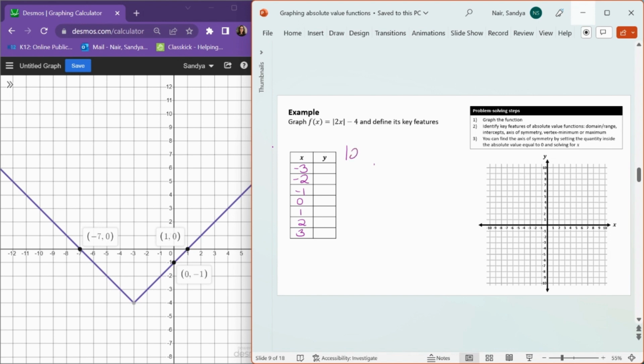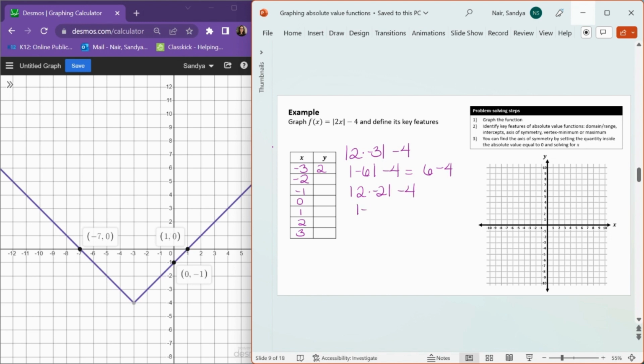So I have the absolute value of 2 times -3 minus 4. And so that's going to be the absolute value of -6 minus 4. Well, the absolute value of a negative number is the opposite of that number. So that's going to be 6 minus 4, which is equal to 2. Okay, now let's plug in -2. So we have 2 times -2 minus 4.